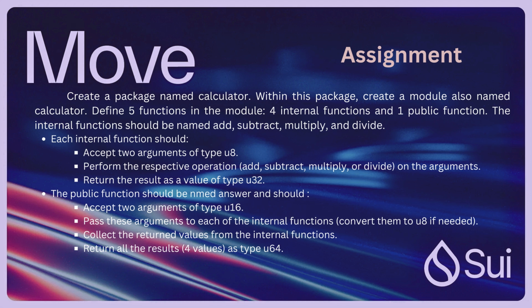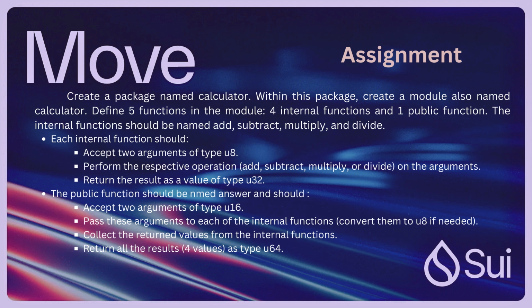Then I want a public function called answer. What the public function will do is call the rest of the functions. It should call the add, multiply, divide, and subtract functions. Then the public function should take 2 arguments. They should be of type U16. You can call them A, B, X, Y, whatever you want, but they should be of type U16.